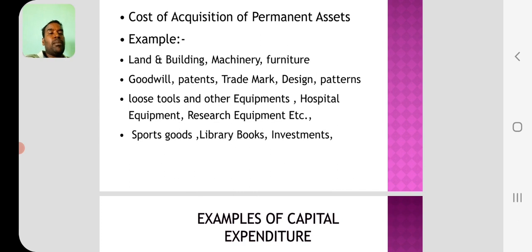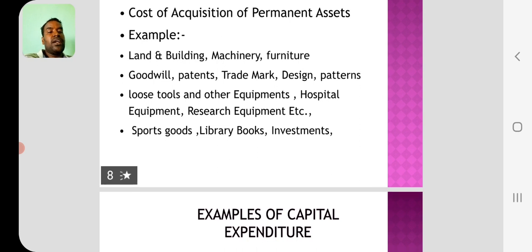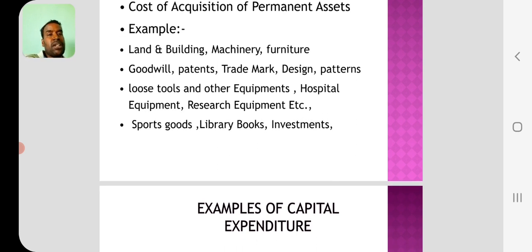Goodwill, patents, trademarks, designs, loose tools and other equipment, hospital equipment, research equipment, sports goods, library books, investments: these all come under permanent assets or fixed assets.